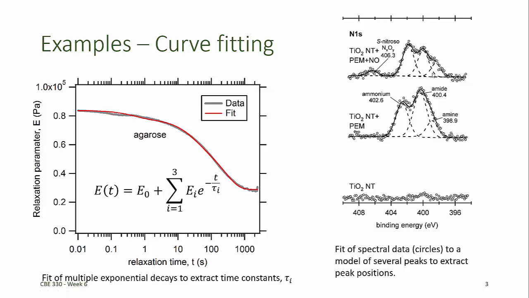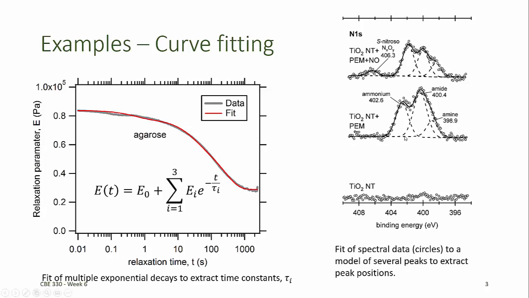Each of these peaks has multiple parameters that describe it, including a position along the x-axis, labeled as binding energy here, a magnitude indicating the size of the peak, and a parameter describing the width of the peak. In this case, the data are fit to the sum of three different peaks, and each of those peaks has three parameters describing it. So a 9-parameter model is used to fit these data.